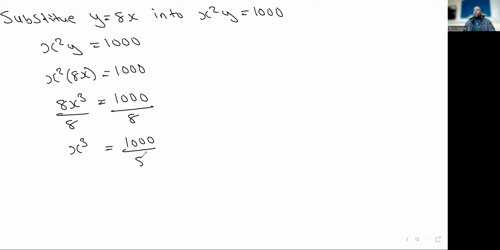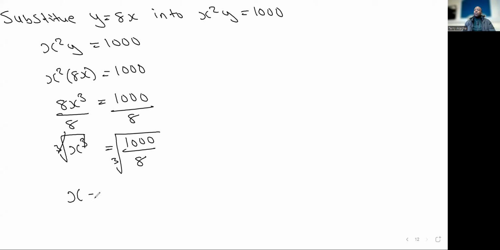To remove this cube, you take the cube root of both sides. Are you seeing it? So we take the cube root of both sides to get the value for x. That means this x cubed will cancel the 3.